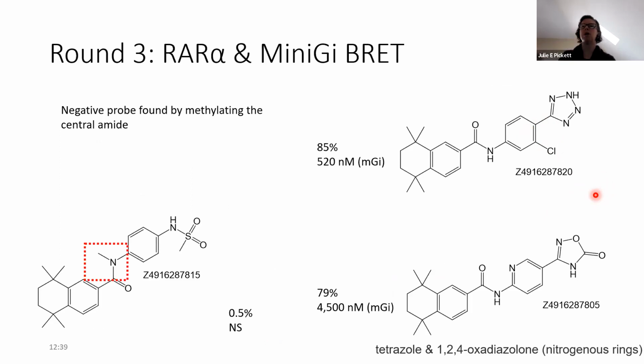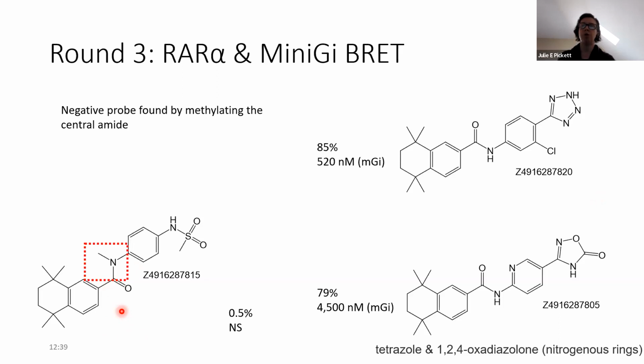But over here on the left, a good finding from this is that if you methylate this amide, while maintaining the methylsulfonamide, you get your RAR alpha liability down to basically 0 and also greatly diminished activity at GPR97, which is good from the context of having a negative probe.